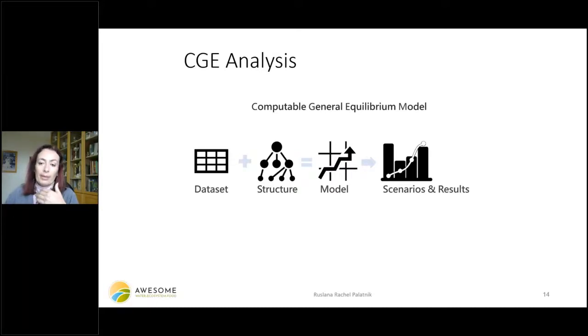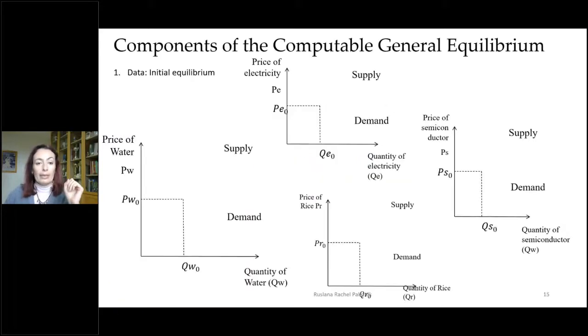Is it better off? Is it worse off? For different agents of the economy. So how do we see this in our representation? I go back to the previous slide again, and let's see what we have in terms of a general equilibrium model.